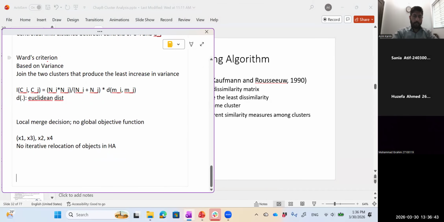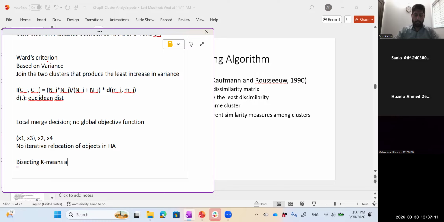So there is another. So let me mention one divisive algorithm, what is known as bisecting K means या K-Medoids भी हो सकता है या कोई और भी हो सकता है.